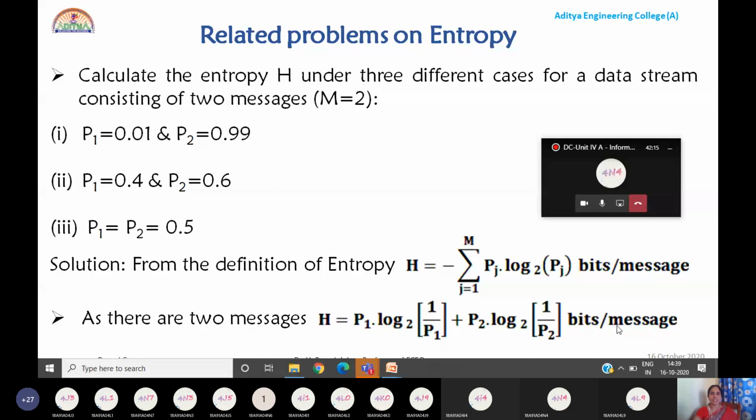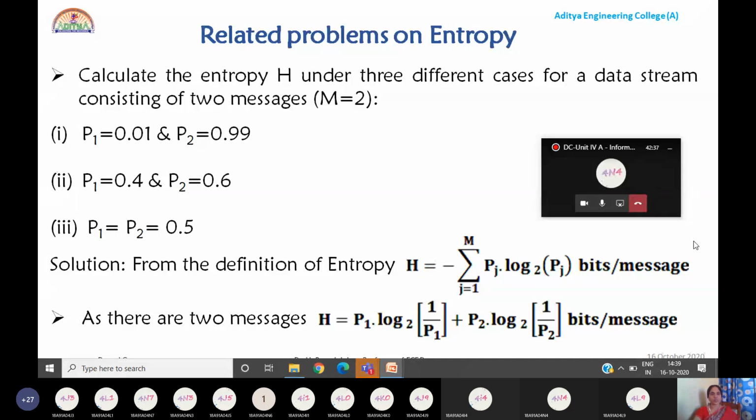We just consider the entropy equation for two messages, where the first message probability is P1 and the second message probability is P2.